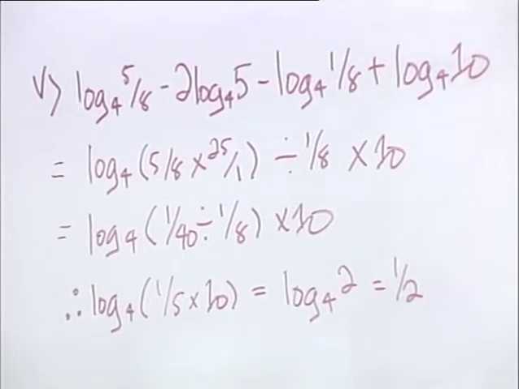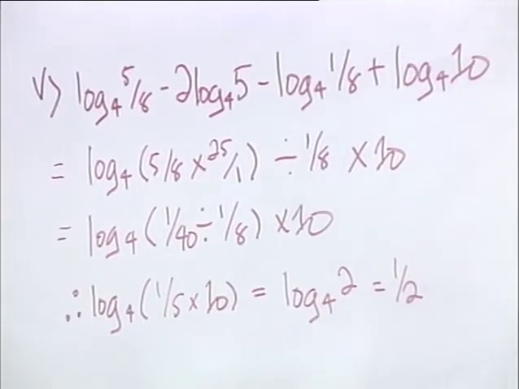Then you multiply the two bases, 1 over 5 times 10, which will give log 2 to the base 4. It's also the same as the power of a half.